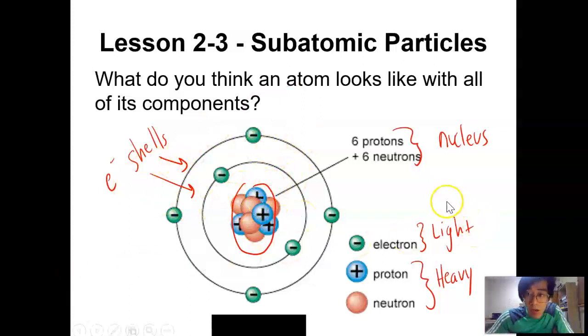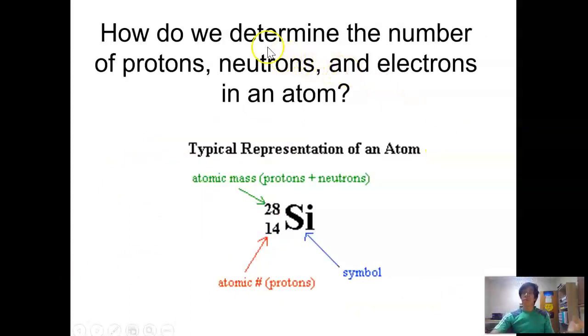So let's look at what else we've got. How do we determine the number of protons, neutrons, and electrons in an atom? This is a typical representation of an atom when we're just writing it on paper. You first write the symbol, and then you write the atomic mass, which tells you the number of protons and neutrons in an atom.